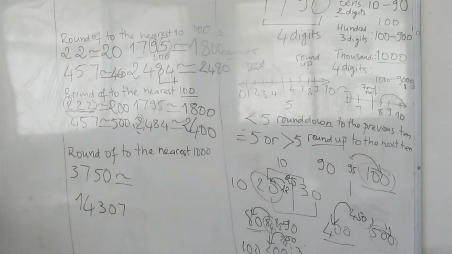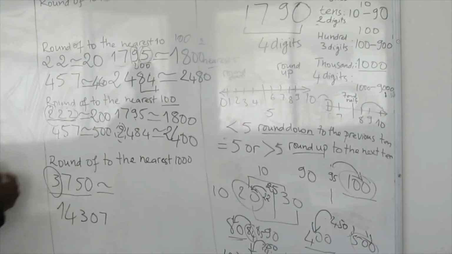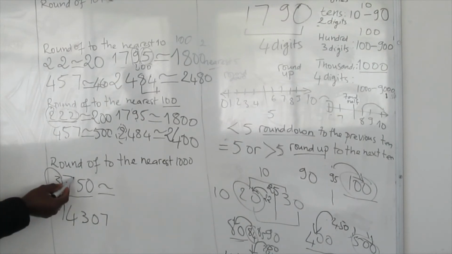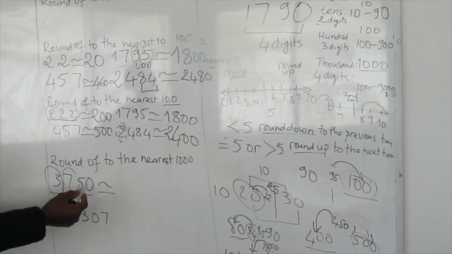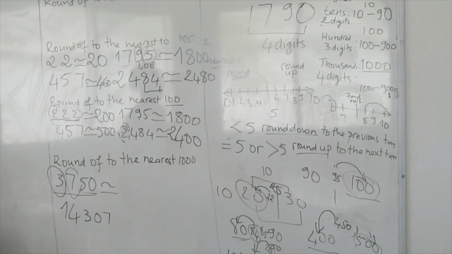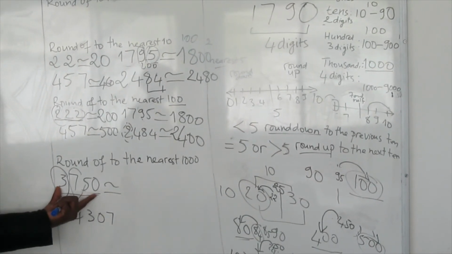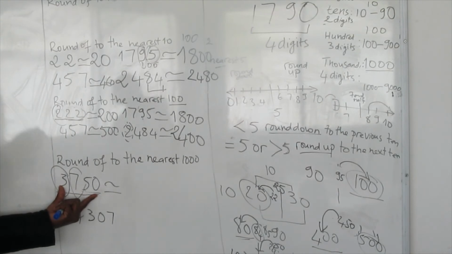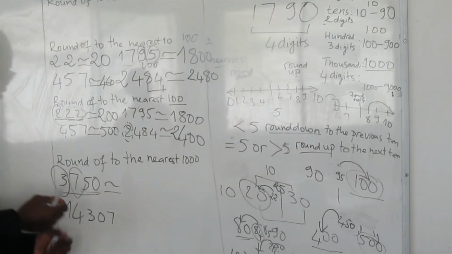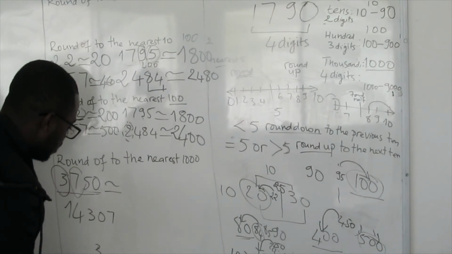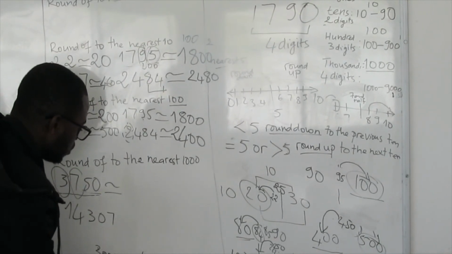To round off this 3,750 to the nearest 1,000, we look at all these digits. The only one that will change is the fourth one. Understand now? So the interval we must find, we are between what? 3,000 and 4,000.